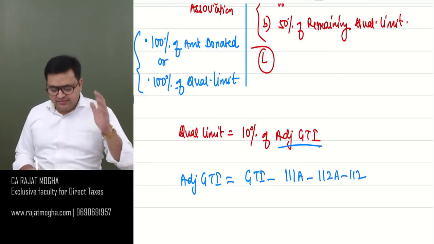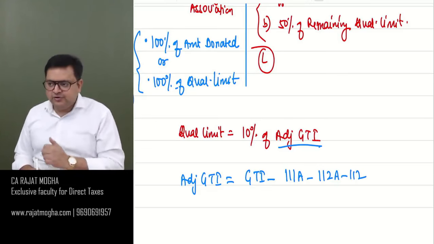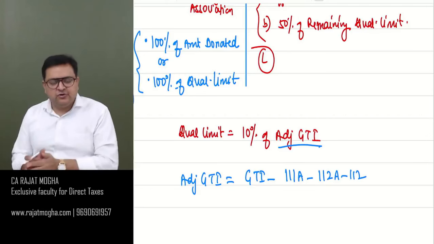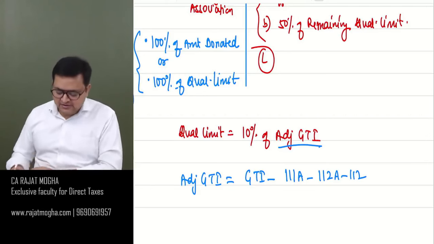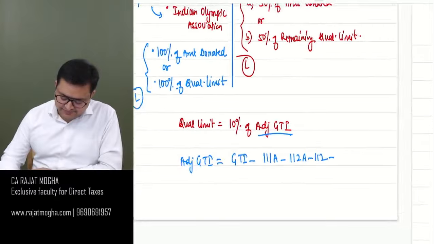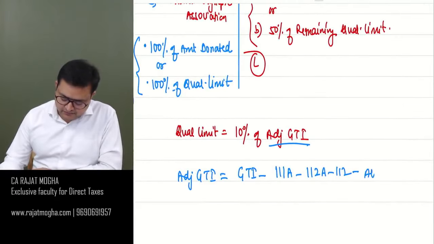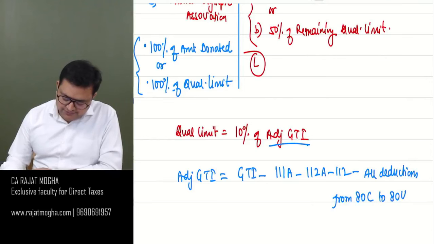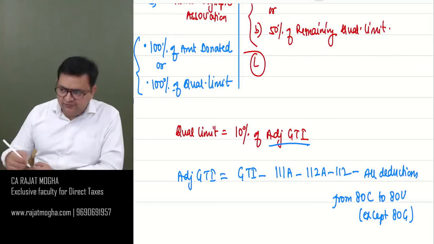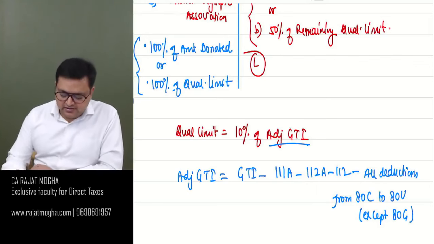So from your GTI, deduct all these capital gains, minus all deductions from 80C to 80U except 80G. 80G is what we are calculating, right?